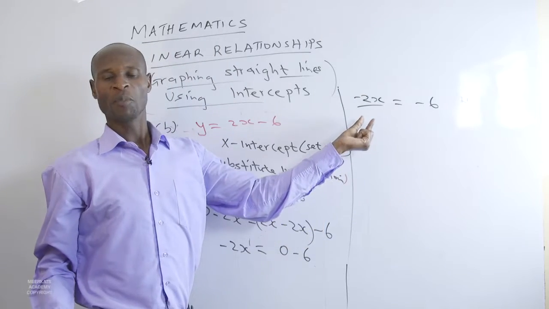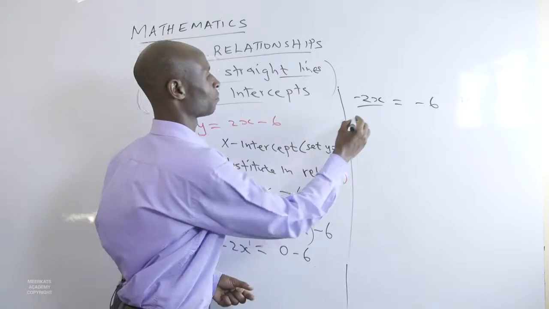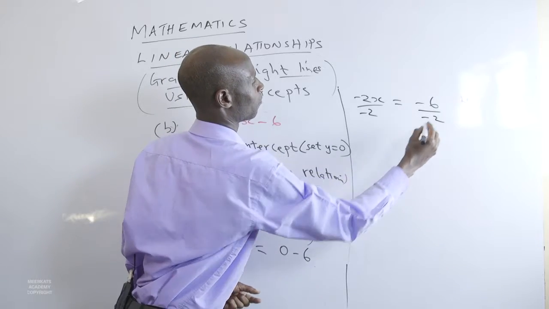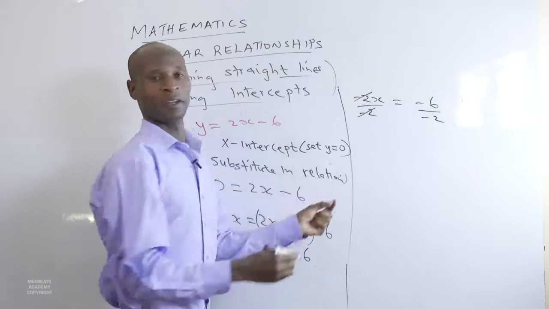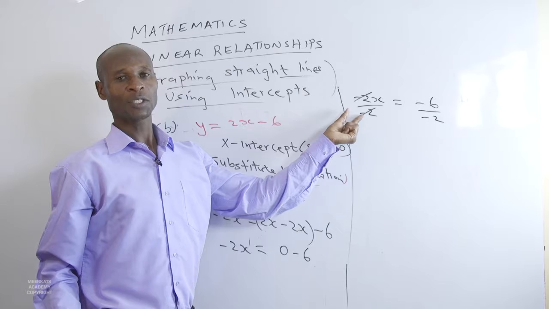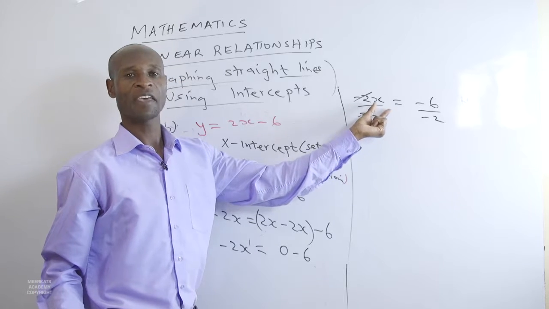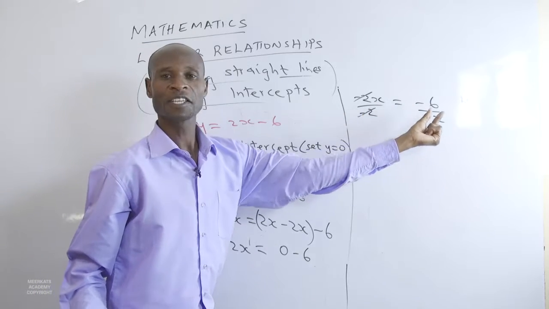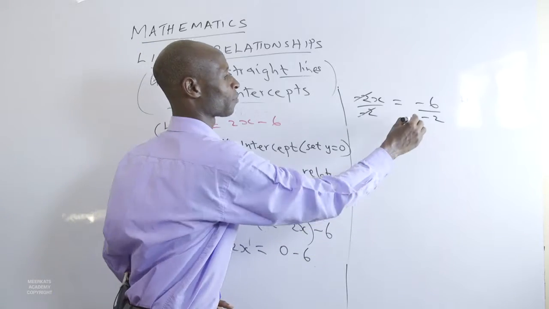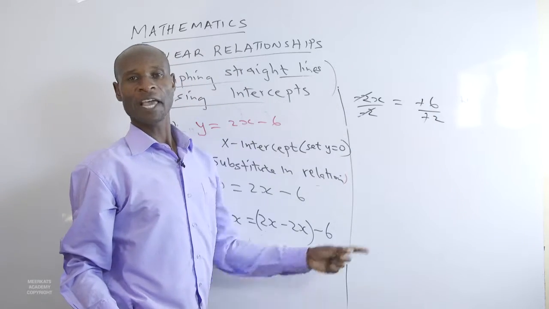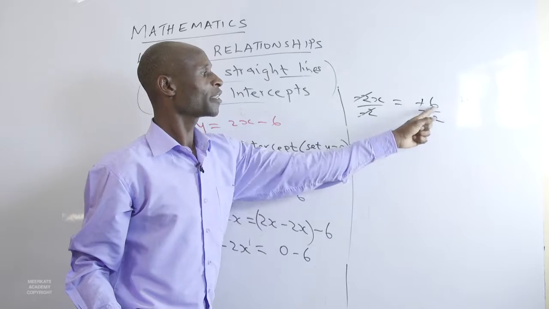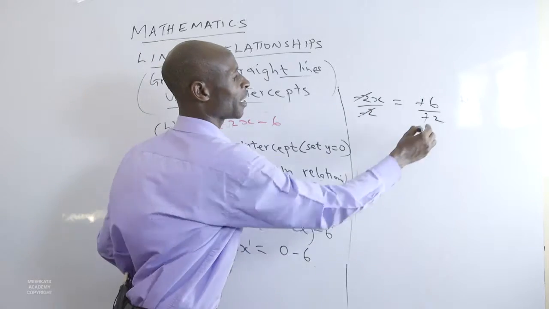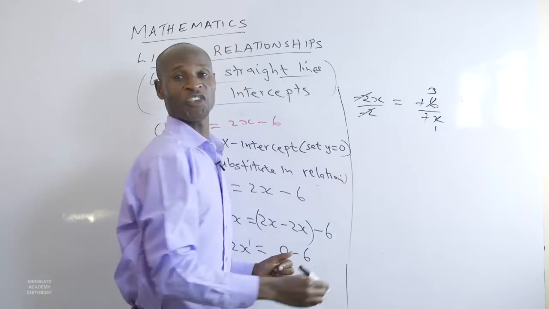We therefore divide both sides by negative 2. Negative 2 cancels on the left-hand side. We are remaining with x. Then negative 6 divided by negative 2. The negative sign cancels. 6 divided by 2 gives us 3.